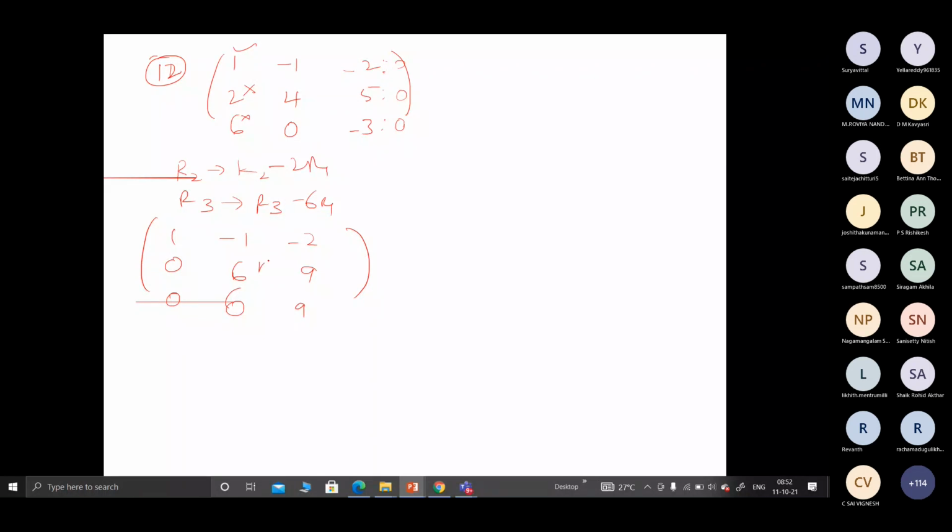Now, with the help of this, I should make all the entries below it 0. So what is this? R3 is R3 minus R2. That's it.